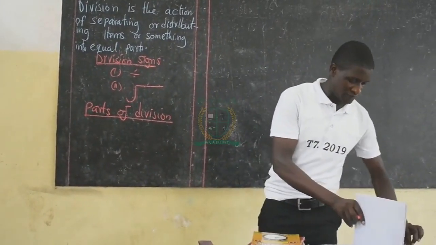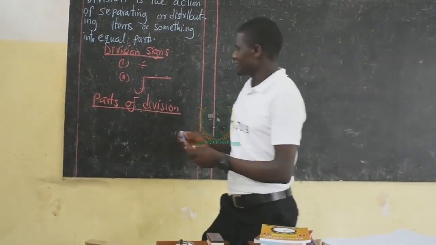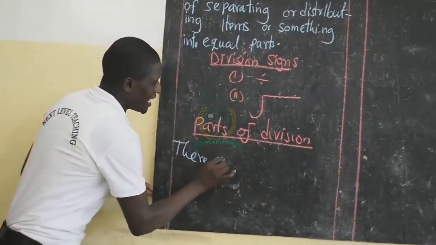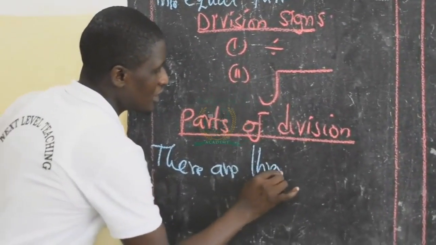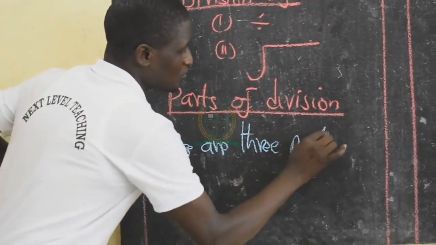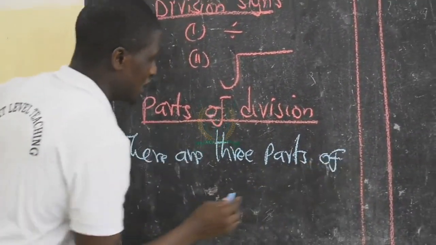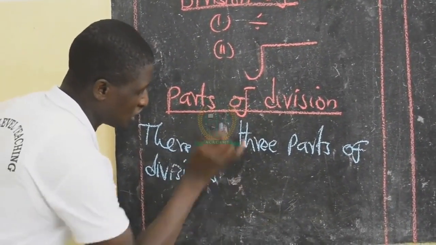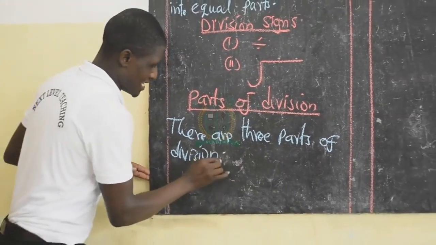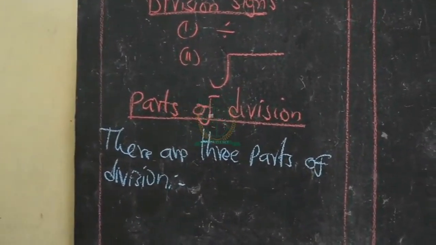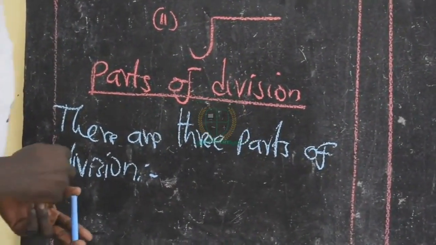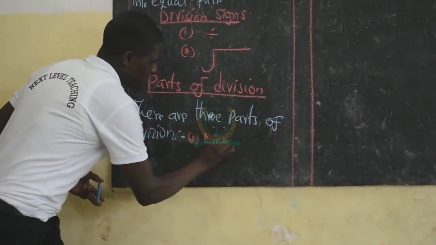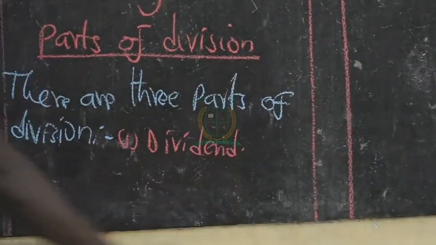In this case, there are 3 parts of division. Which parts are these? Number 1, we have something called the dividend.